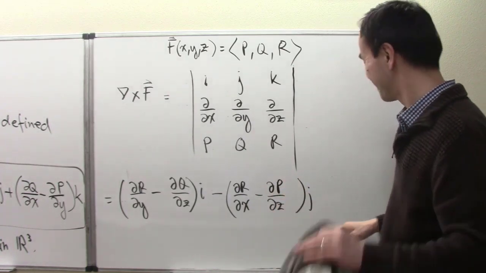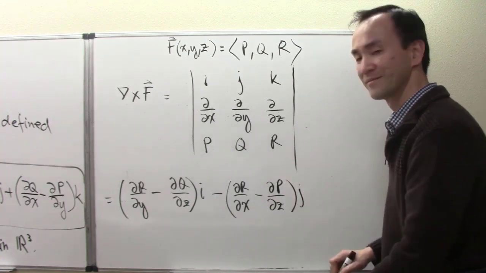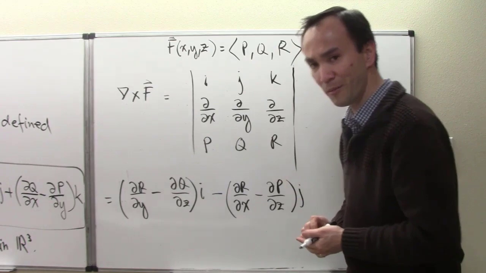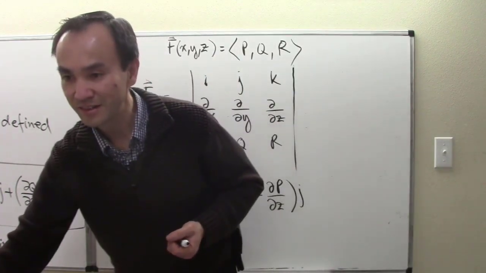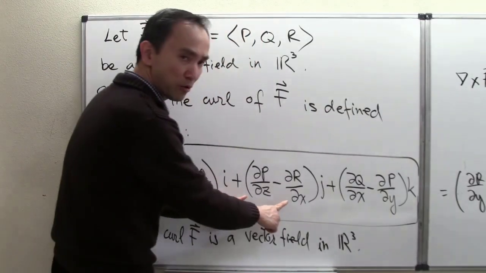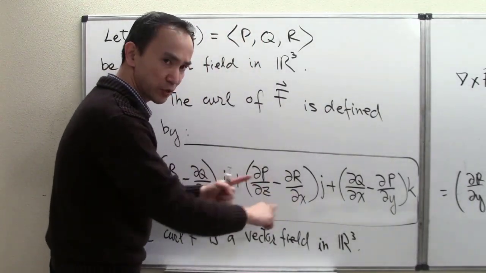Okay. All right, and so it's looking almost the same as the middle component, except here it was a plus sign and these two terms are in the reversed order.